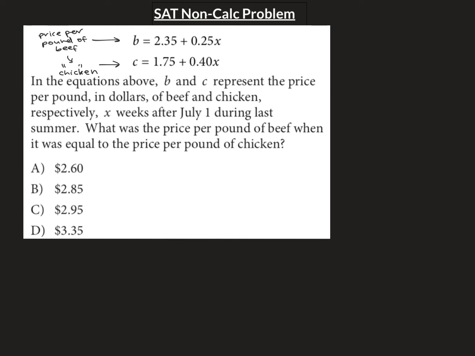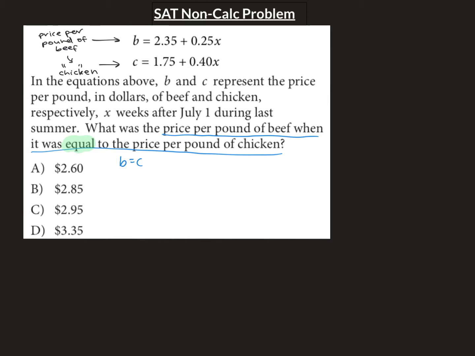Now, let's look at our question here and what we're trying to solve for. What was the price per pound of beef when it was equal to the price per pound of chicken? And so the important word here is equal. So since we know that B and C are equal, so B is equal to C, what we can do now is set our two equations equal to each other.